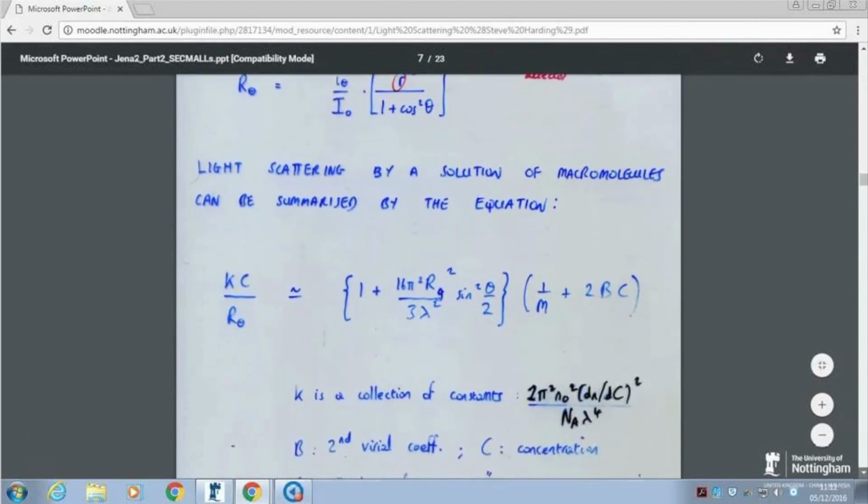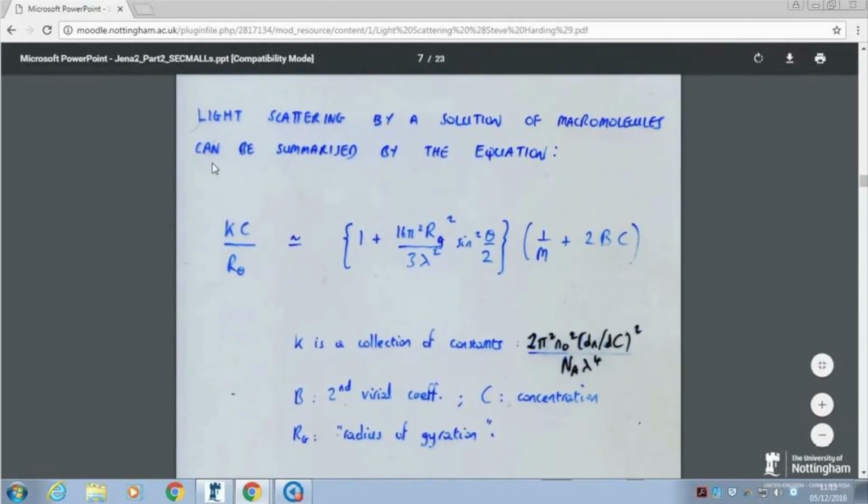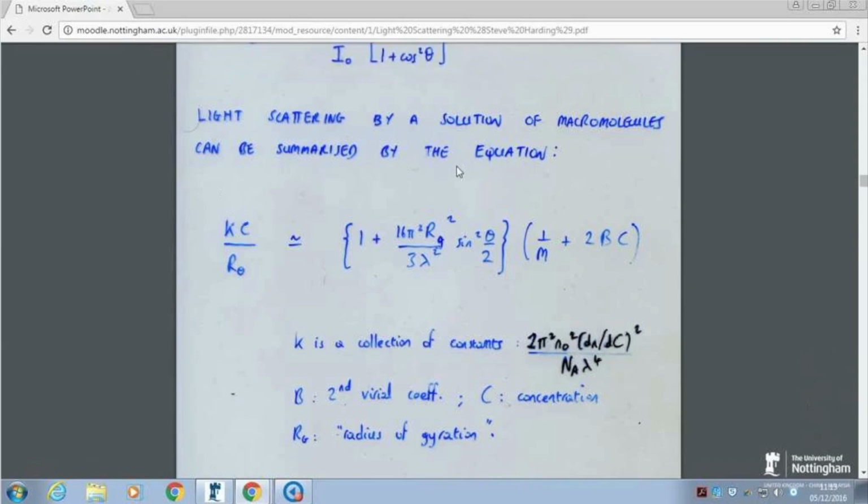And light scattering by a solution of macromolecules is summarized by this equation here. It looks complicated, but there's nothing in here which we haven't met before.